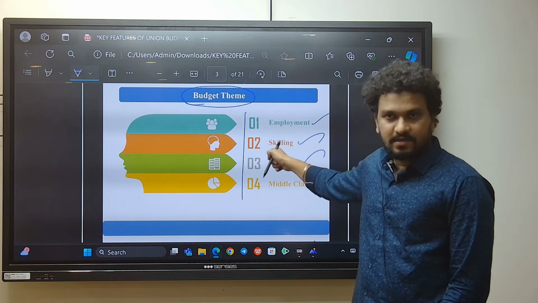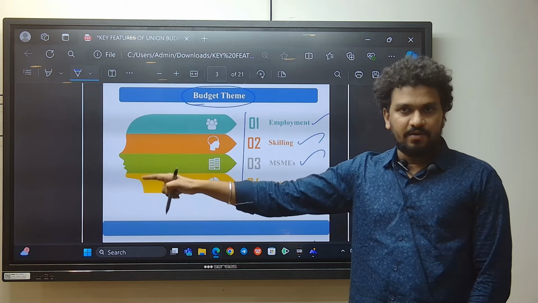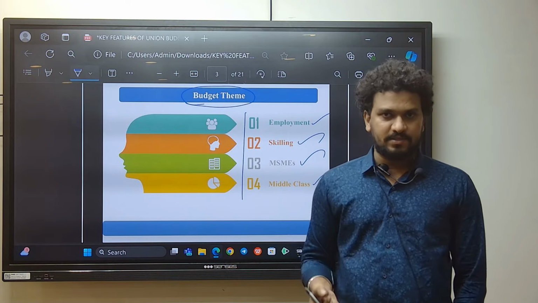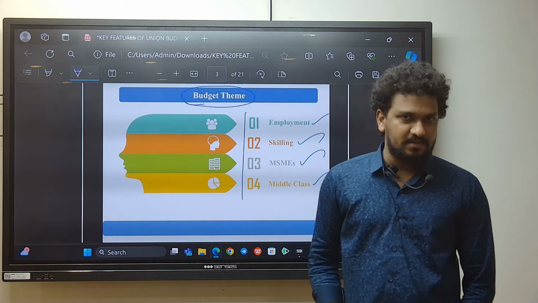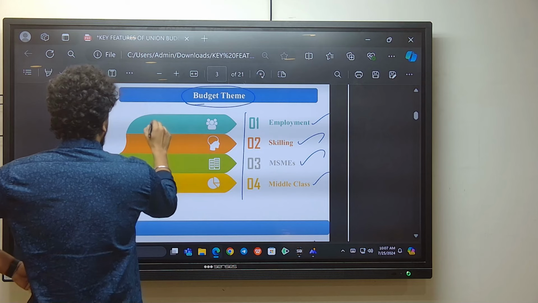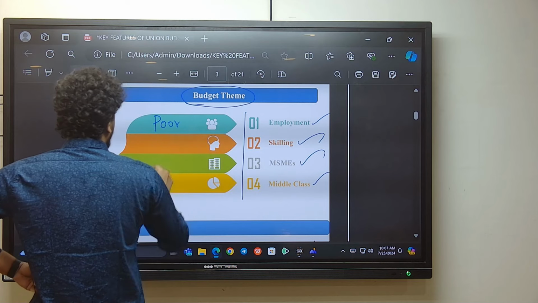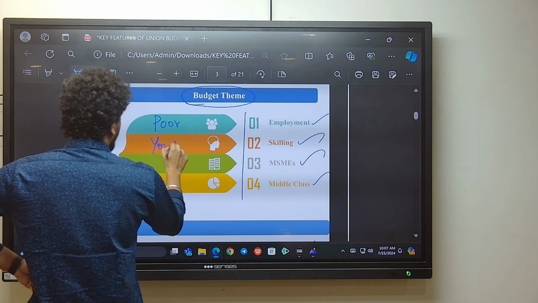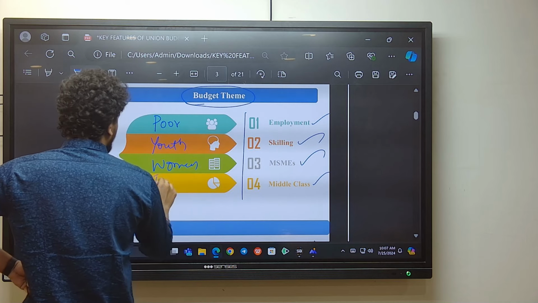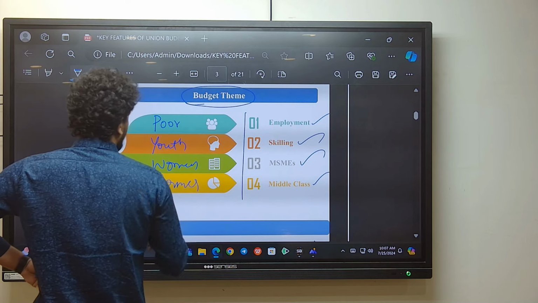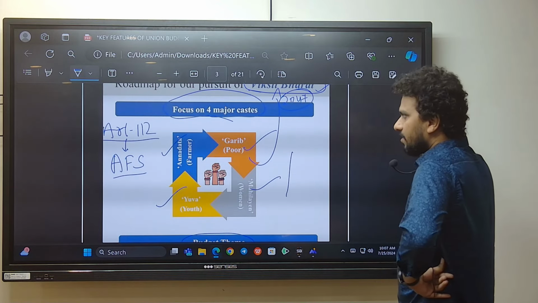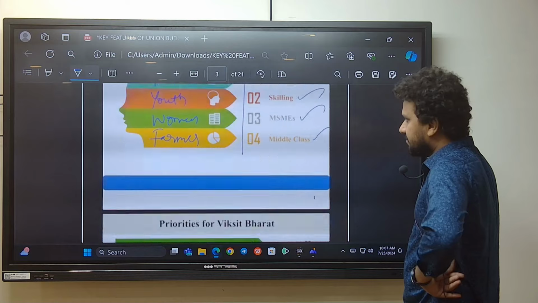If you interlink the theme of the budget with the four major problems that we have seen, the four major castes that it has mentioned, what are they? Poor, youth, women, and farmer. So these are the four major focus areas of the budget.